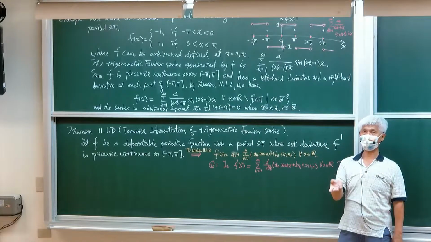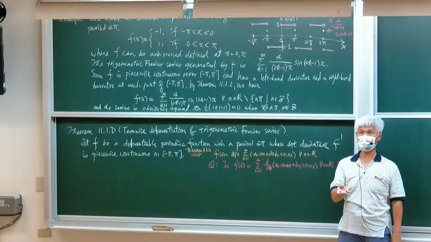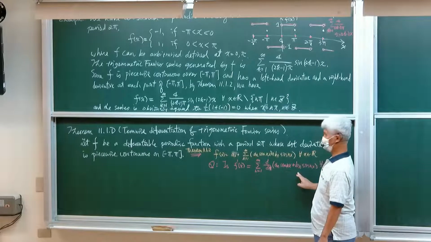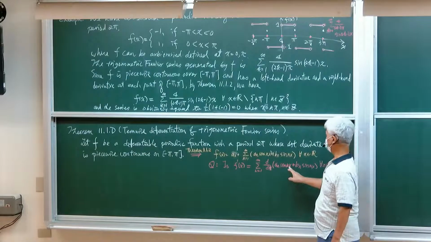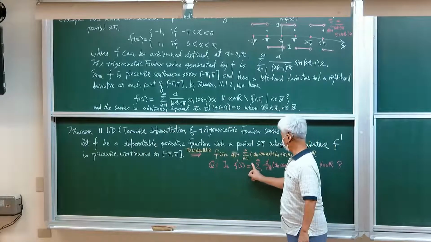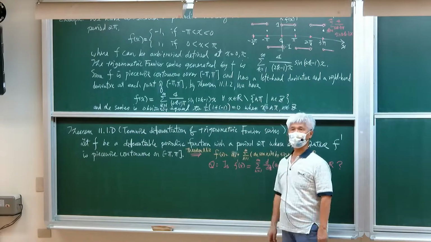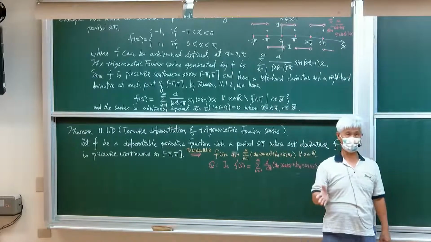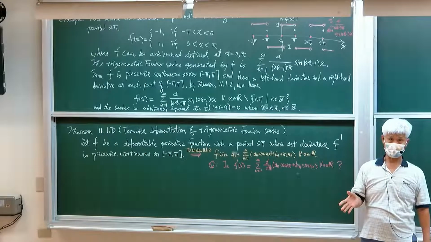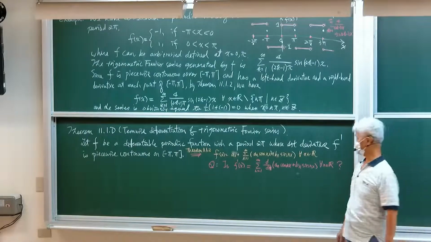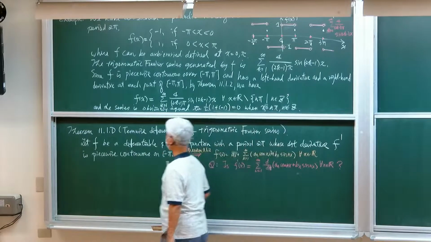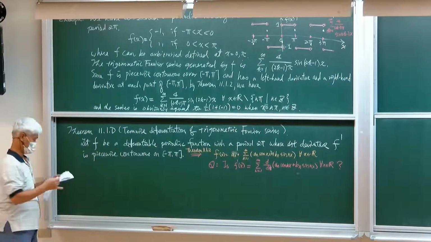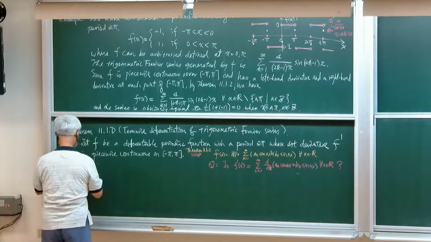And the second is the representation theorem: once it converges, whether the equality is true or not. So we still have a convergence problem as well as a representation problem. So we need an additional property. This additional property is here.